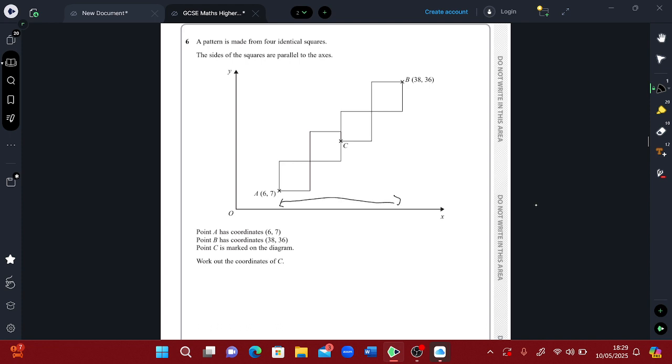So we know if we use A and B coordinates, the total span on the x-axis is going to be the change in x coordinate, right? So it's going to be 38 minus 6, which is 32. Likewise, the change in y is going to be 36 minus 7, which is 29.